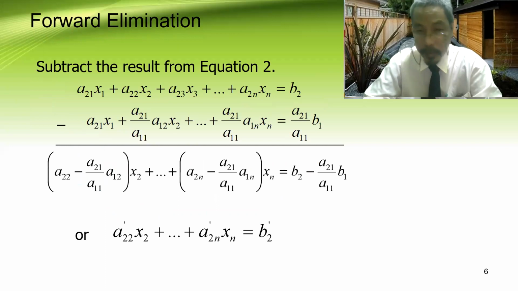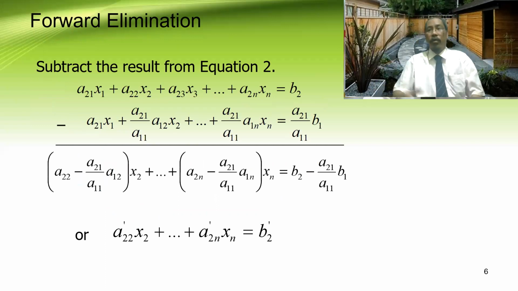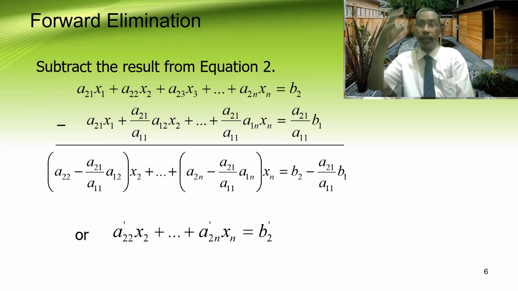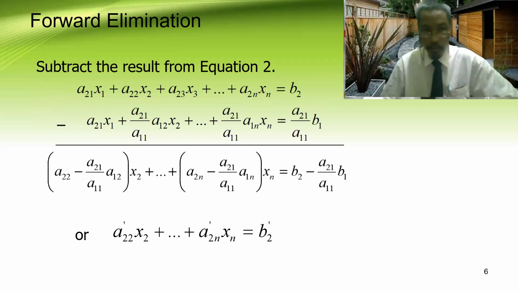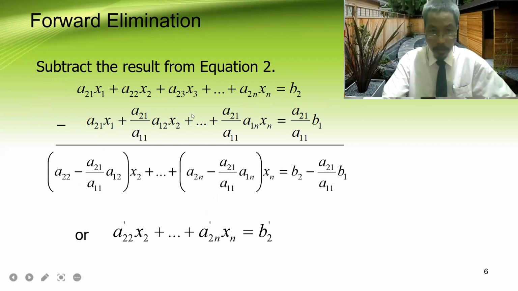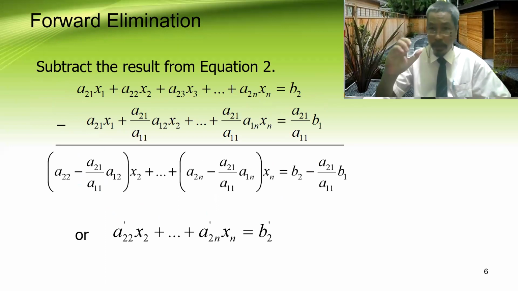Now, after that, let us go to the next. Then subtract that result from equation 2. So we multiply the equation 1 and subtract that result from equation 2. What will happen? So this is our equation 2. Take note, this is the original equation 2. The original equation 1 will not change.